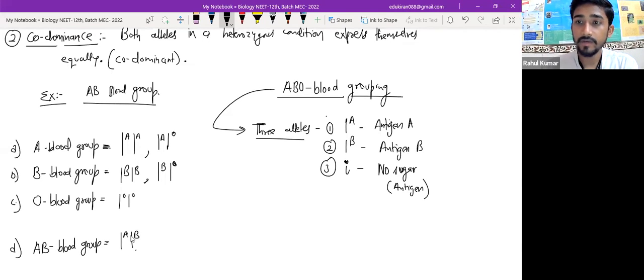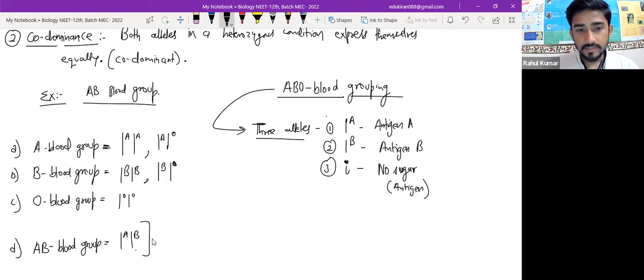If it is incomplete dominance, there should be a blending and something between A and B must be there. But in this case, there is no blending, also no dominance. There is codominance. Both the sugars are produced and are present on the surface of the RBC, membrane of the RBC. So you will see both A antigen and B antigen, nothing in between, no hybrid thing. Is it clear?